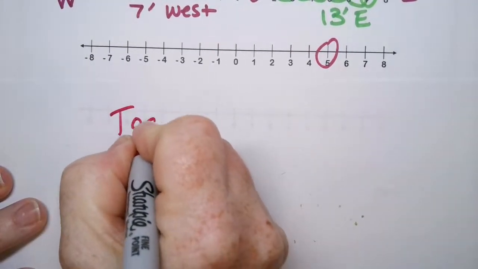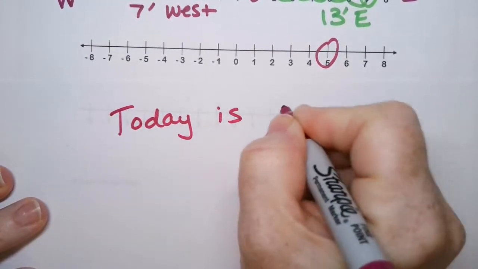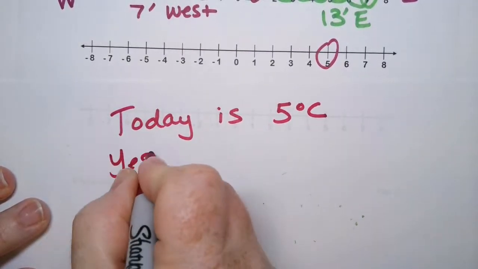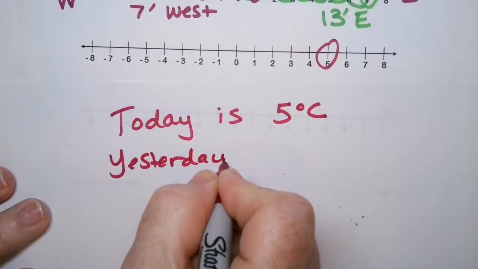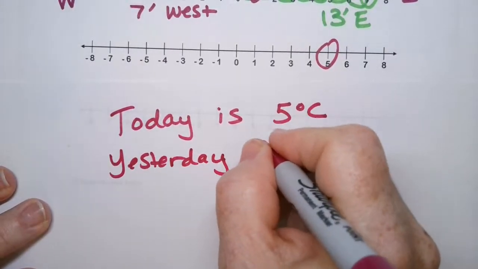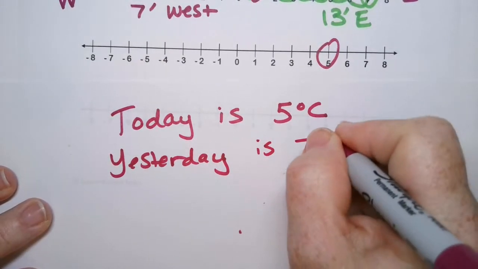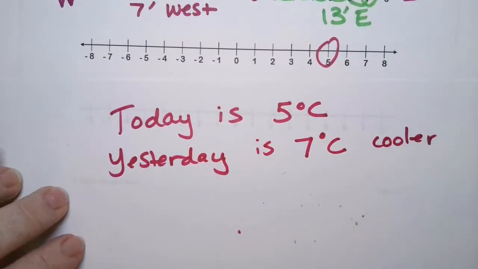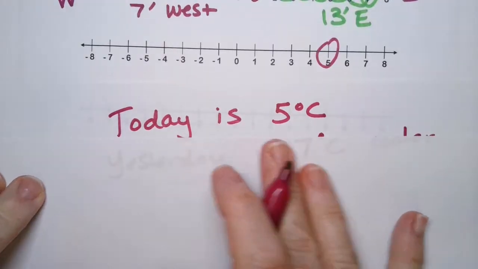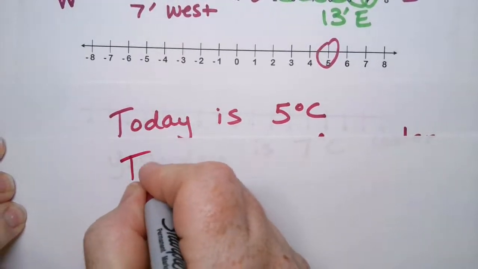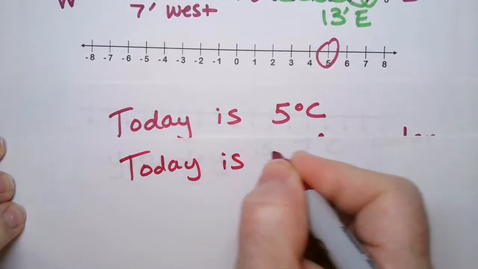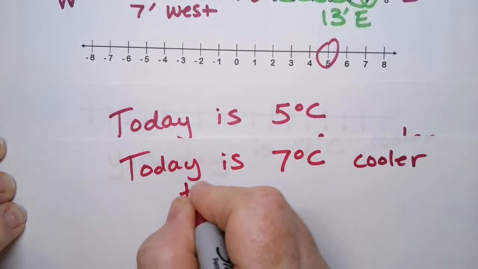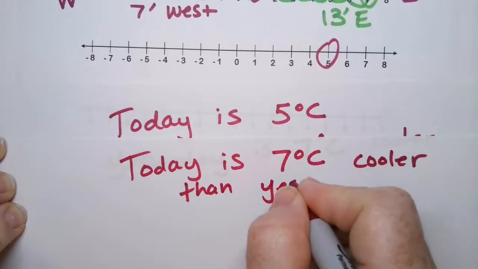So if today is 5 degrees C, yesterday was 7 degrees cooler. Oh, wait, I did that wrong. So sorry. Hang on. Today is 7 degrees cooler than yesterday.